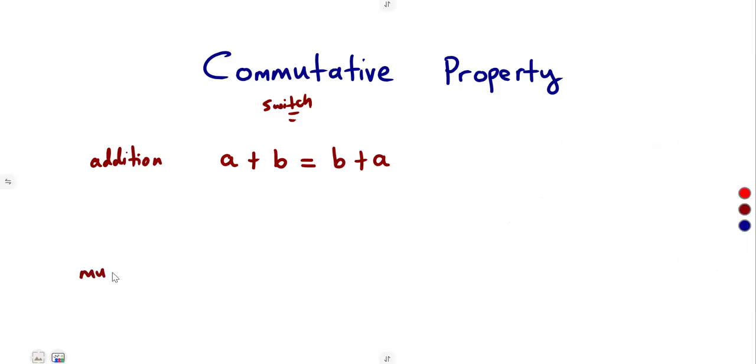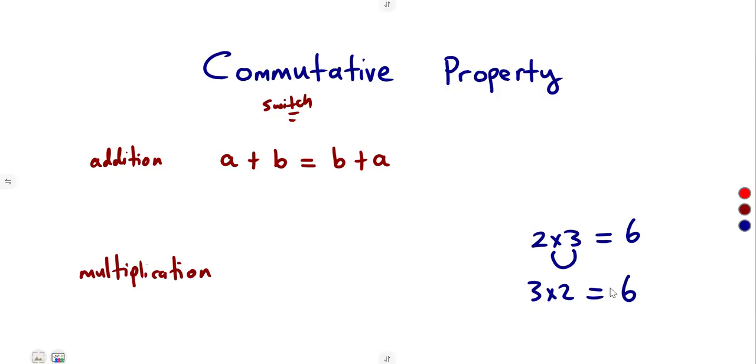Then for multiplication, it is the same thing. 2 times 3 gives us a 6. What about 3 times 2? It is also a 6.